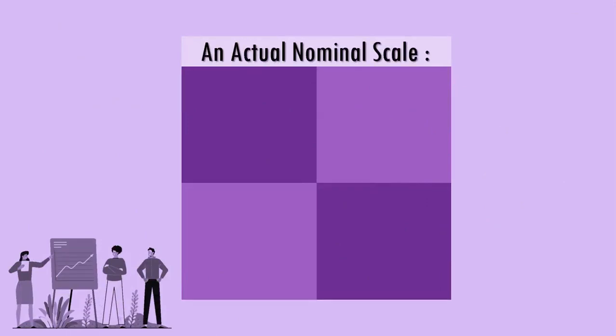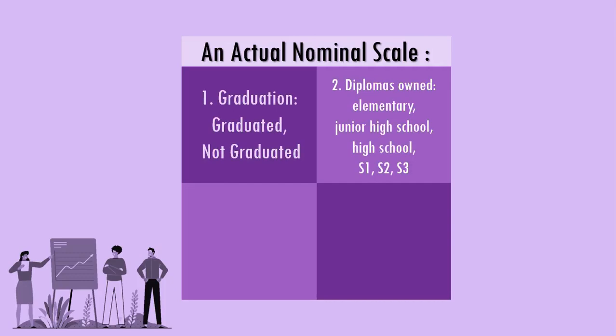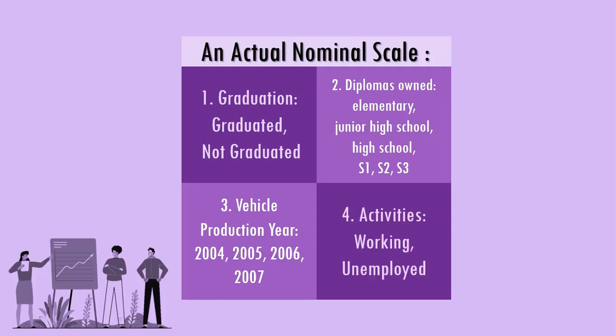Other examples of nominal scale. 1. Graduation, graduated or not graduated. 2. Diplomas owned, elementary, junior high school, S1, S2, or S3. 3. Vehicle production year, 2004, 2005, 2006, or 2007. And 4.